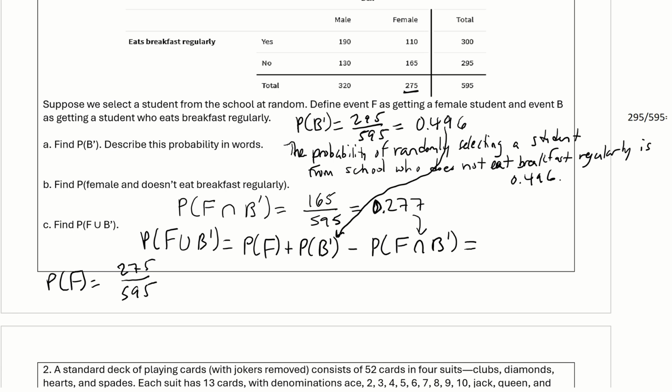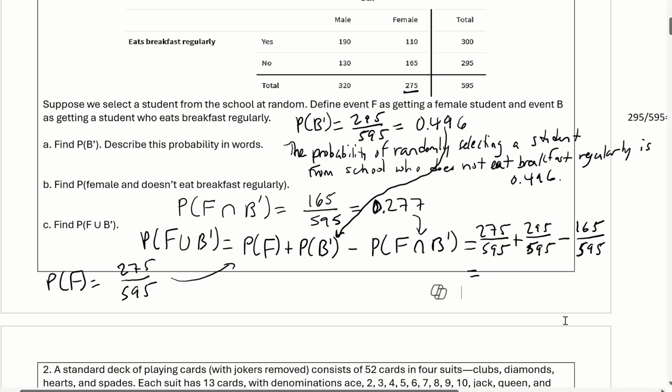So what I'm going to do is just plug these results in, add them all together, and then we'll get the decimal. So 275 out of 595 plus the non-breakfast eaters, 295, minus the ones that are female and non-breakfast eaters, 165 out of 595.